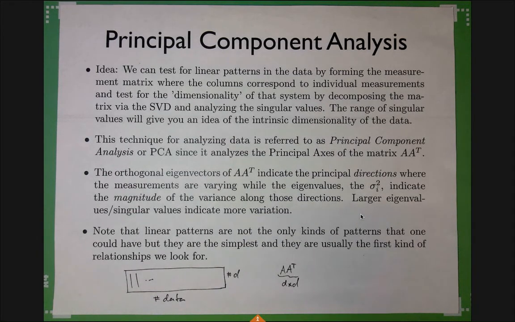For example, when I was talking about this image compression example, where's my image? Somewhere. Here was my image.